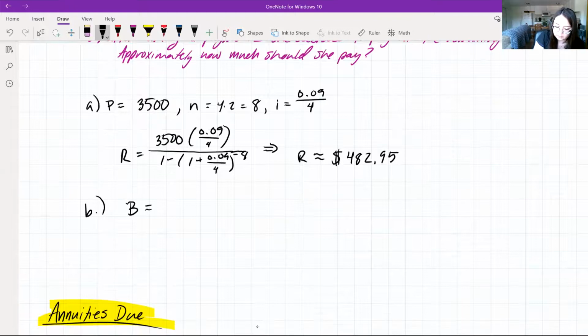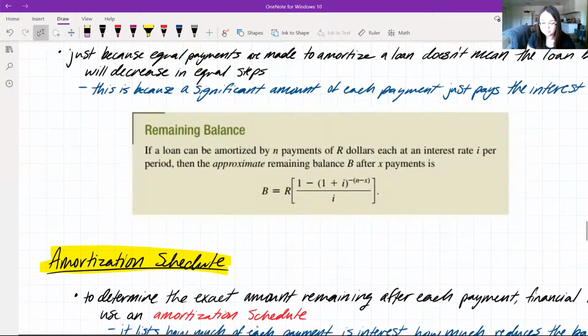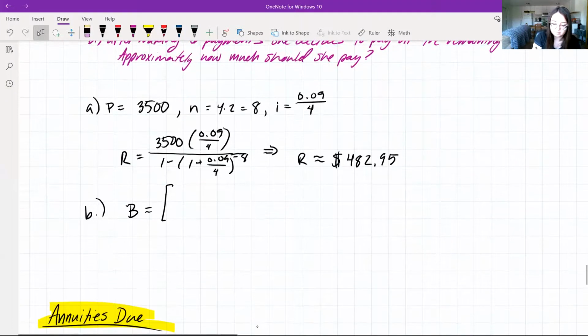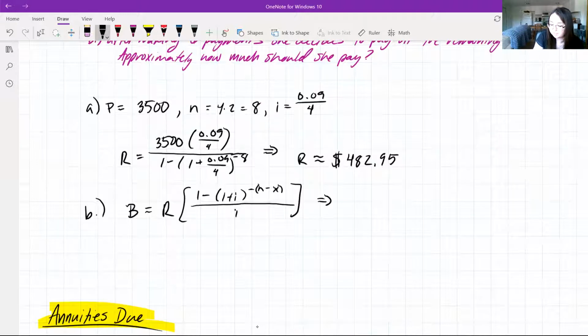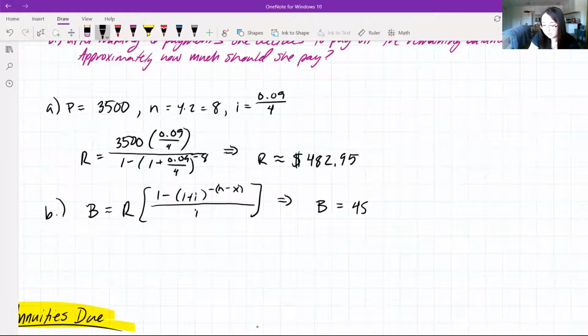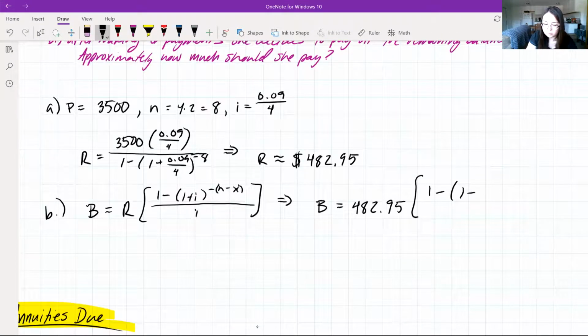Our equation is B is equal to R times 1 minus 1 plus I to the negative n minus x, all divided by I. So if we plug our values in here, we have R, which is 482.95, times 1 minus 1 plus 0.09 divided by 4 to the negative n minus x.